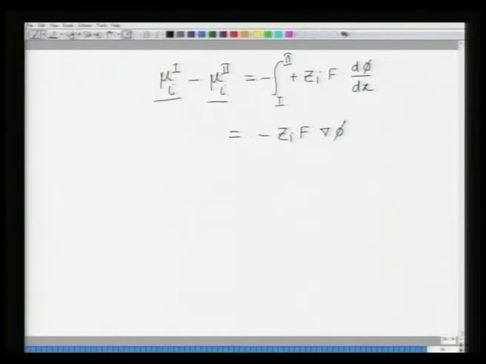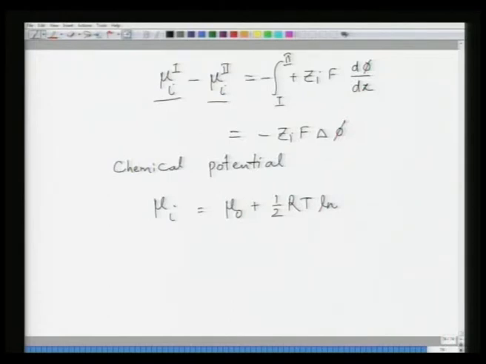if I am integrating it, it will become delta phi. So, this chemical potential can now be written as: chemical potential of any species i is equal to mu naught plus half RT ln, if I consider it as activity, then for oxygen it would go as PO2.